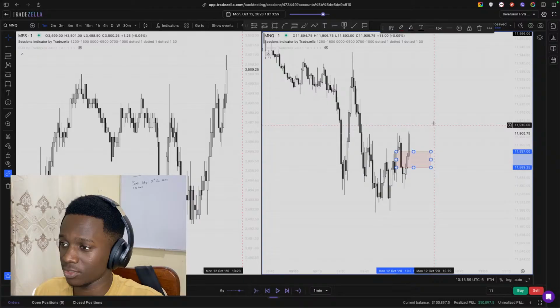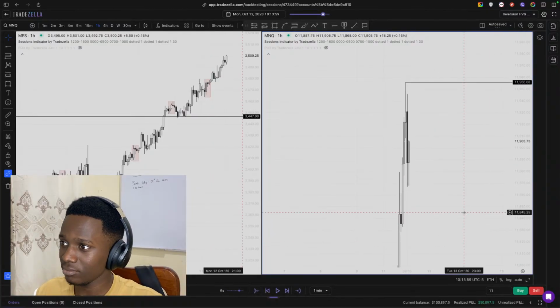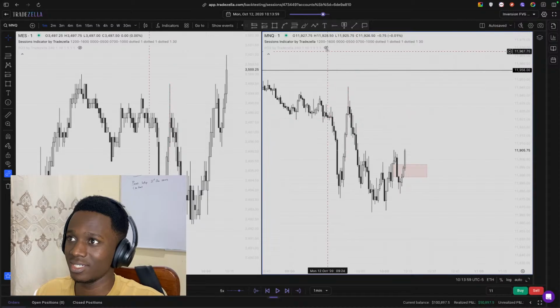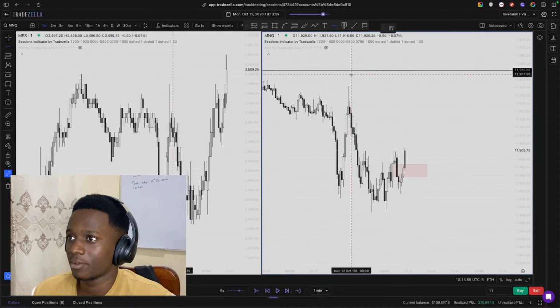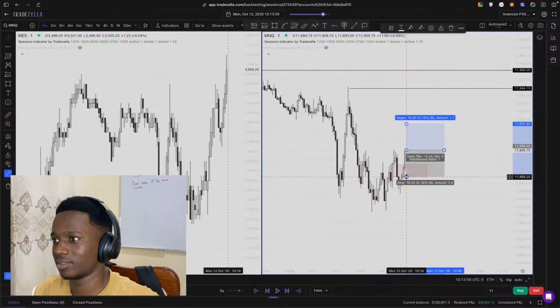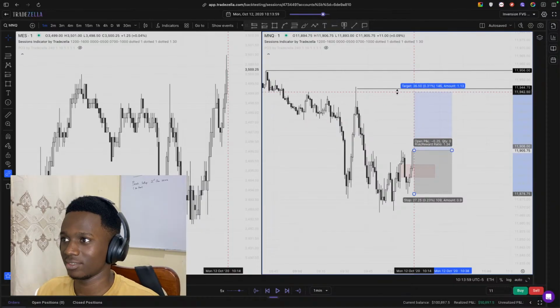Inversion right here, there's another inversion here, we have an SMT here, 15 minute gap is rejecting and the 1 hour. So I would like to see it continuously go higher to maybe this high, but then another problem, ES has already run the high, so taking this entry, man, I already have low confidence in it.